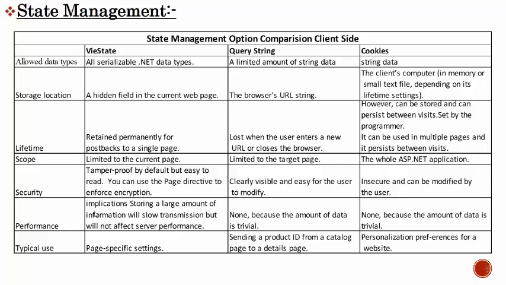And third one, cookies: personalization preferences for a website. It depends on the programmer whether that particular website requires the cookie or not. So the use of the cookie totally depends on the programmer and the requirement of the website. And last one is the hidden field.